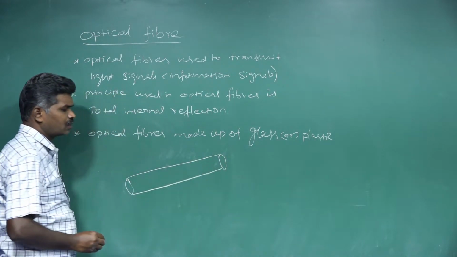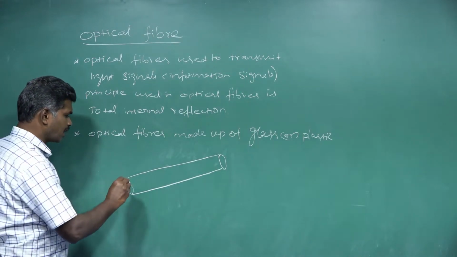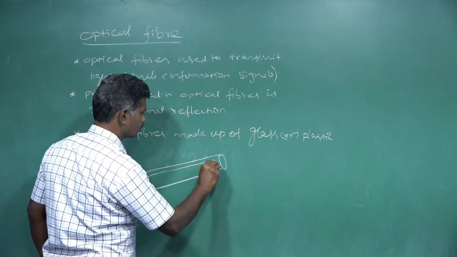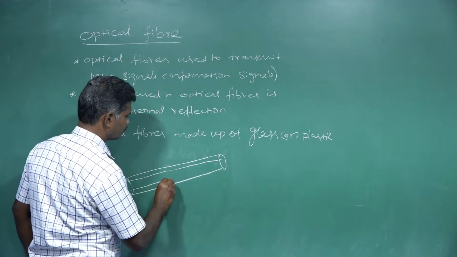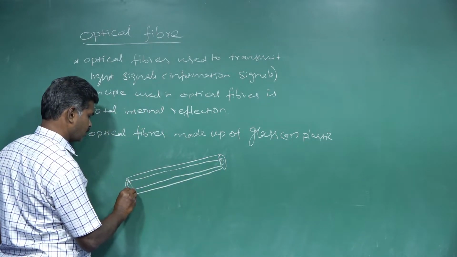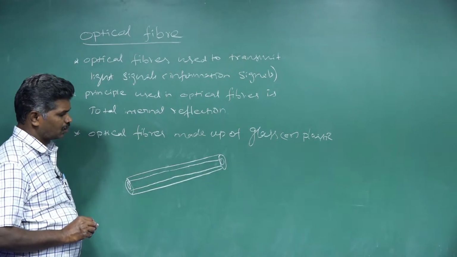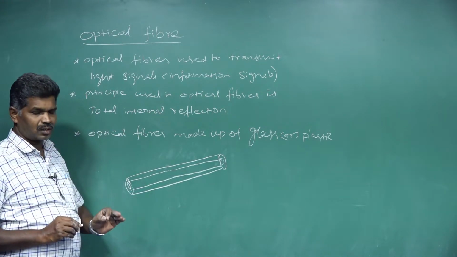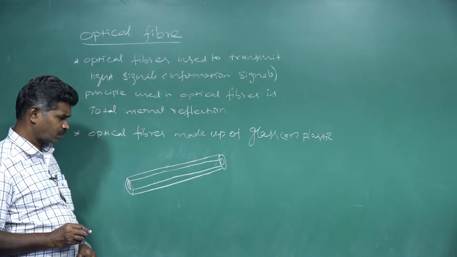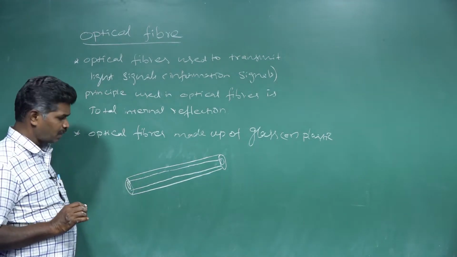Not only a single medium, there we have two mediums, an inner medium and an outer medium. Like that, we have an optical fiber cable. The size of the cable is very small, and the shape is cylindrical. Then we have two mediums in the optical fiber.